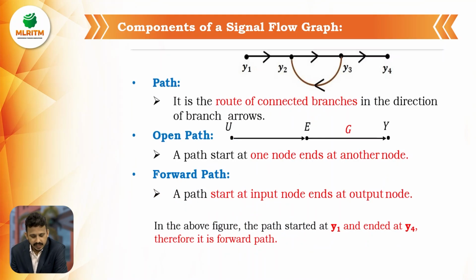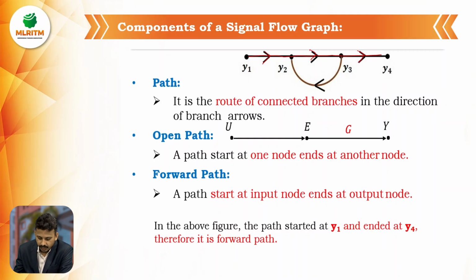A path is defined as the route of connected branches in the direction of the branch arrows. See here, this is a path. It is a connected branch consisting of direction. Open path: the path starts at one node and ends at another node.